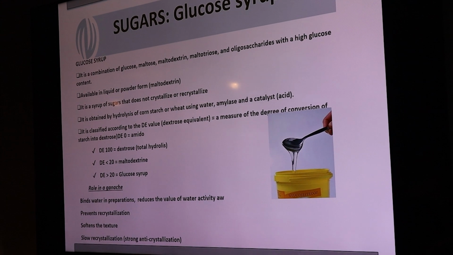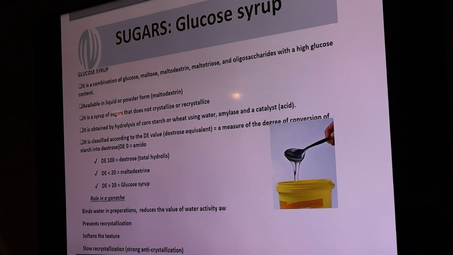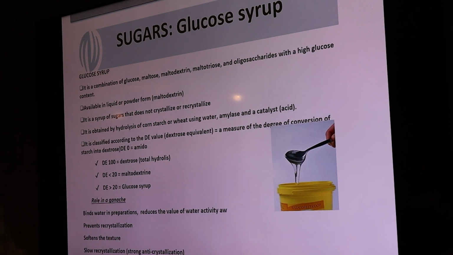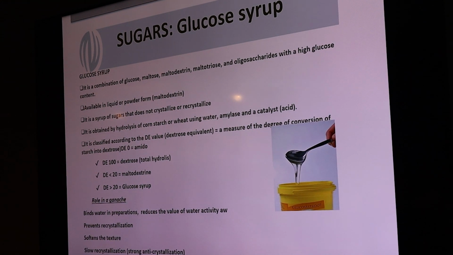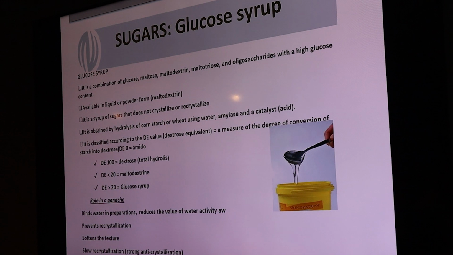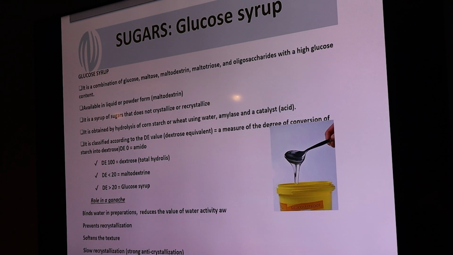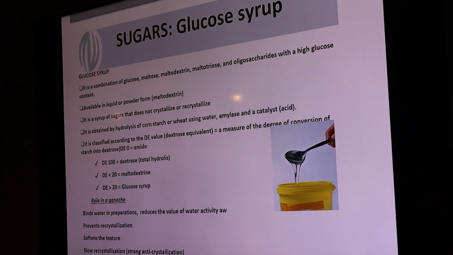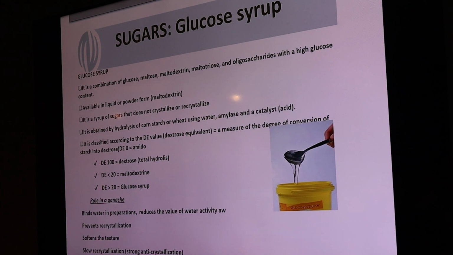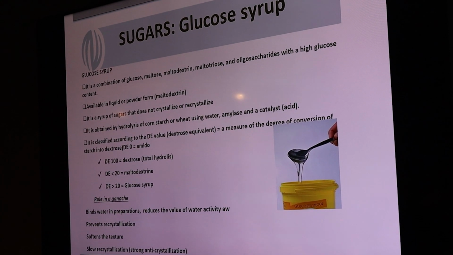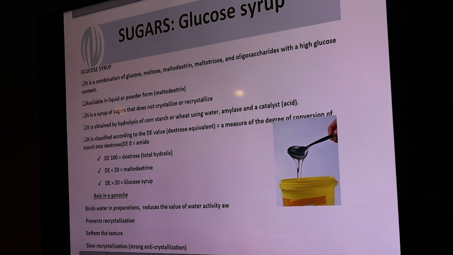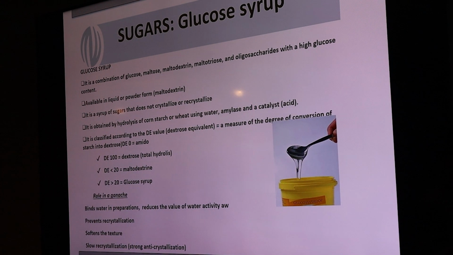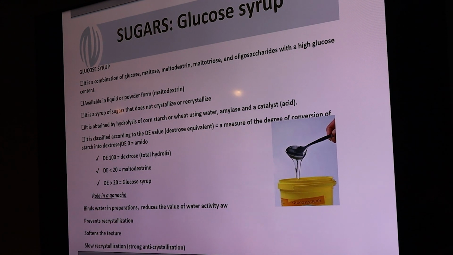And when you have here the DE 60, it's much more fluid. And this one here is very, very nice to use for all our ganaches, because even though it is quite fluid, it's easier to capture all the free water in the ganache. So when you have to choose, for example in Denmark we only have this one here, which is quite viscous.